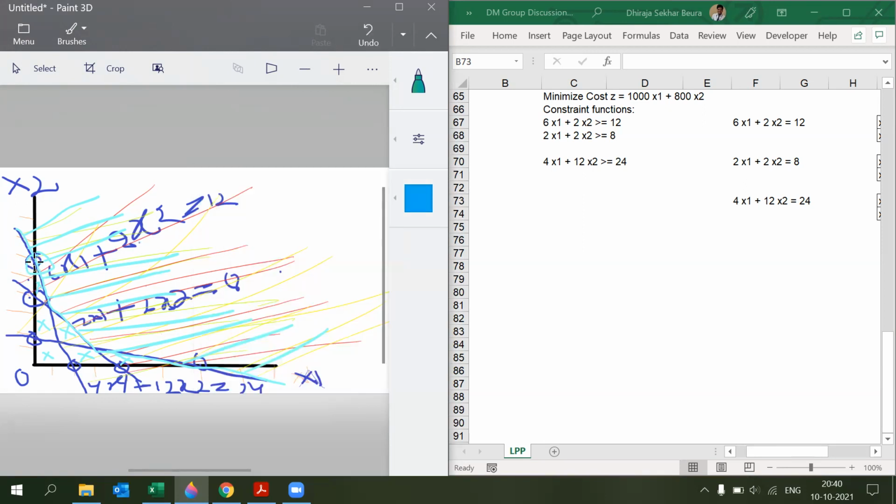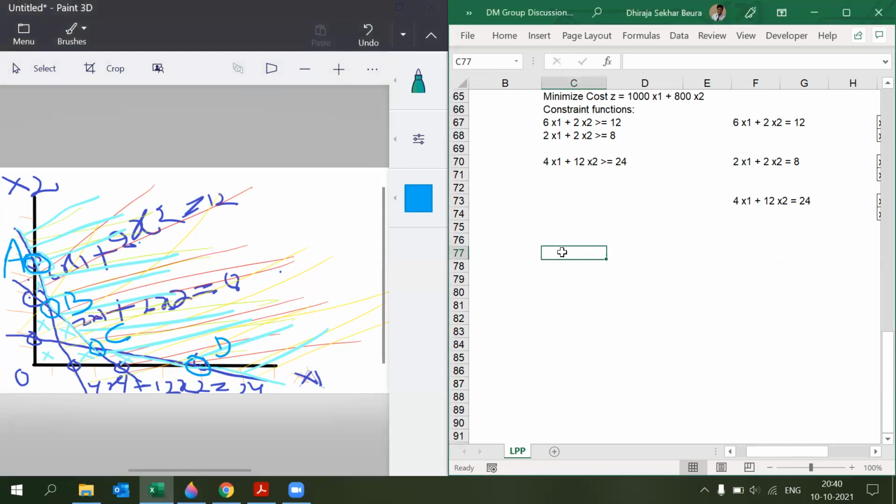So this is one point, I would say it is point A. This is extreme point number B. This is extreme point number C, and similarly extreme point number D. Now let's go ahead and have that table that we normally have, A, B, C, and D. And we will have our coordinates, that is x1 and x2, and we have the cost value accordingly.